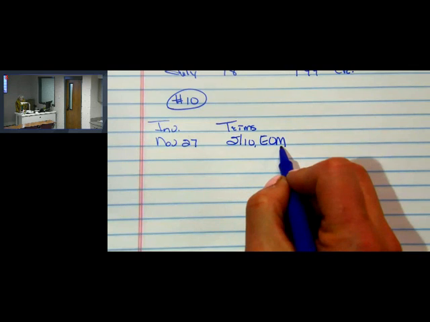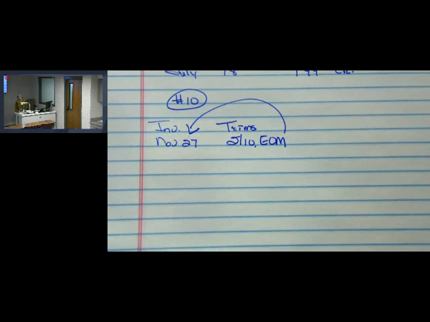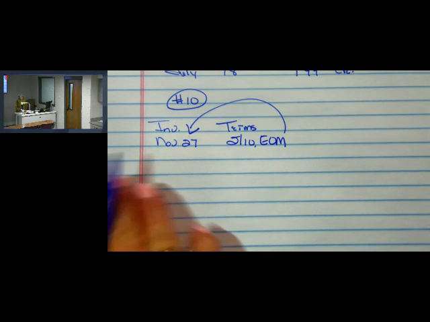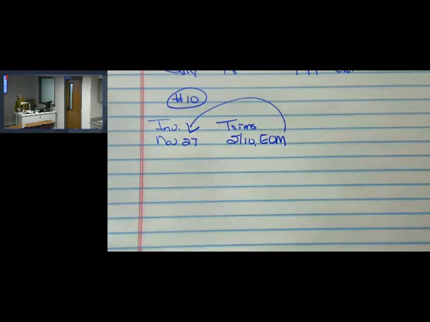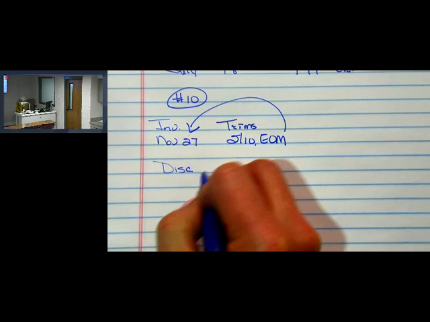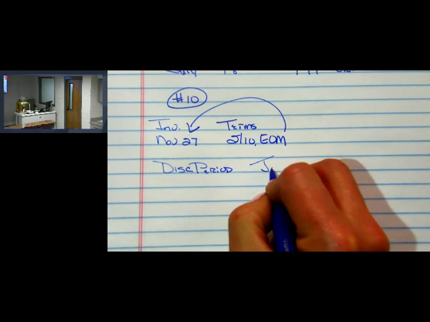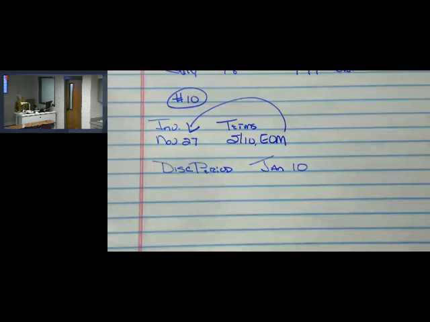Always on an EOM, look at the date of your invoice. If it's after the 25th, the discount period runs the end of November, all of December, and into January. So the discount period on this one is going to be January 10th.